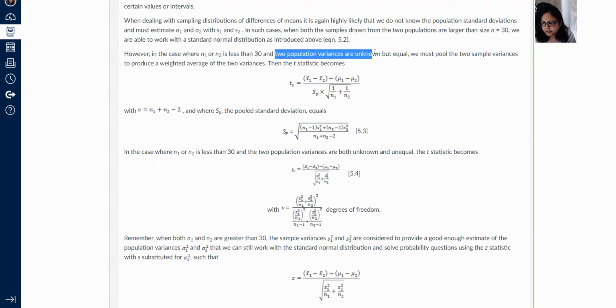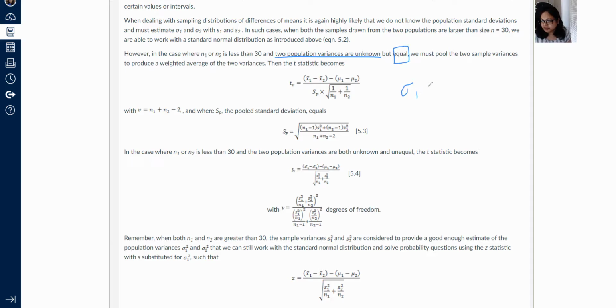So when we are talking about the T distribution for the difference between two means, you have to consider one more thing. Let me draw that. The two population variances are unknown, that's why we are doing T, and the sample size is small. But how about whether they are the same or not?